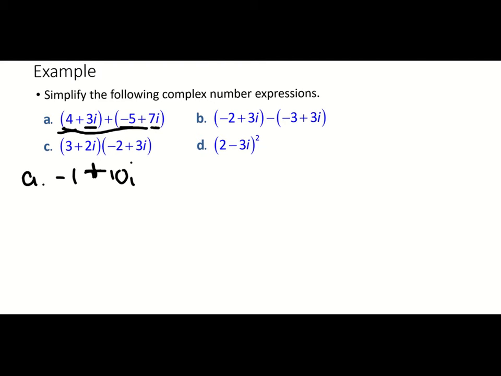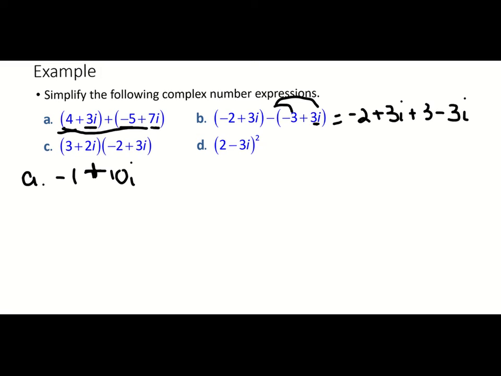Now for B, this one's similar to addition, except it is subtraction here. So what we have to do is, remember, you have to distribute that negative to everything in that second set of parentheses. So really, our problem is going to be -2 plus 3i. And then those two negatives there, negative times a negative will give me a +3. And a negative times a +3i will give me a -3i.